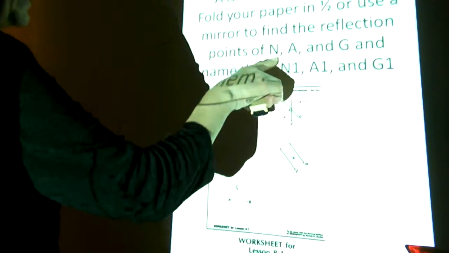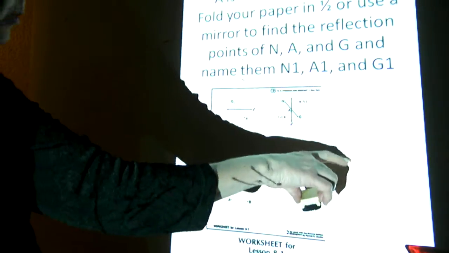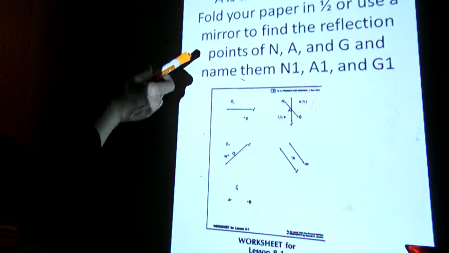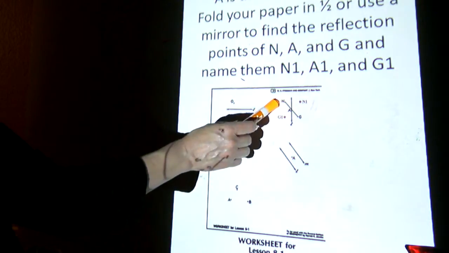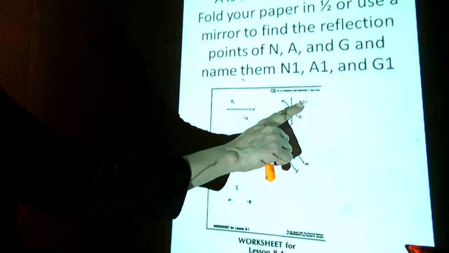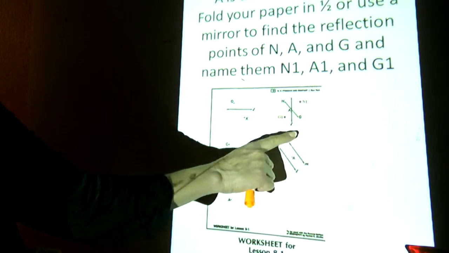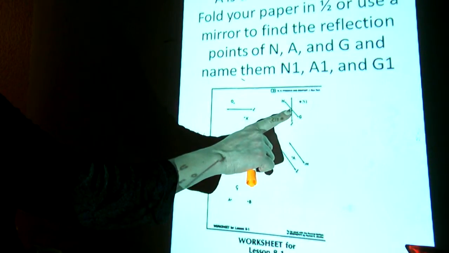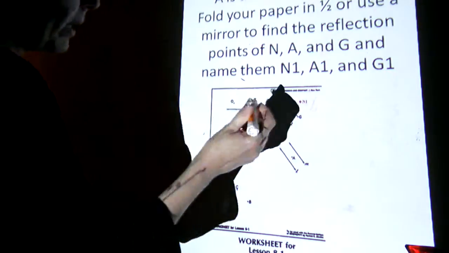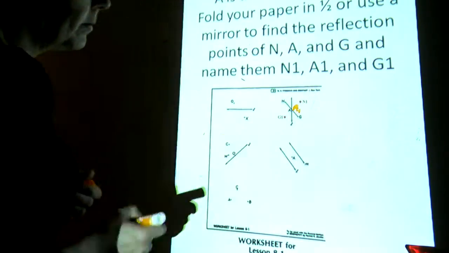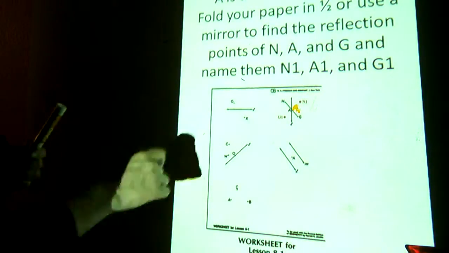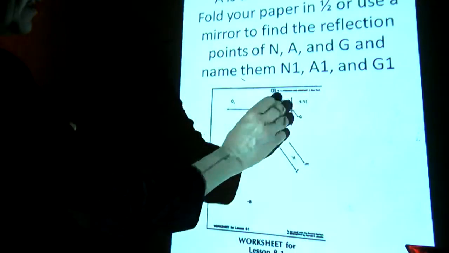So I'm just doing N1, but it really should be N with a little 1 below it. So you're going to find the reflection points of N, and so N1 would be over here. And then you're going to find the reflection point of A, which would be right there, and you'd write A1 right next to it. Of course, that's really big because I'm using such a big pen.